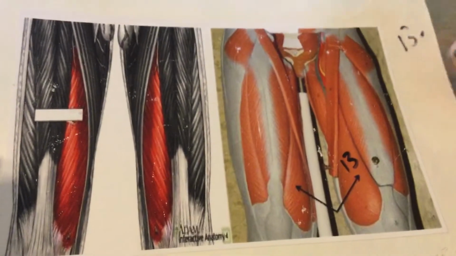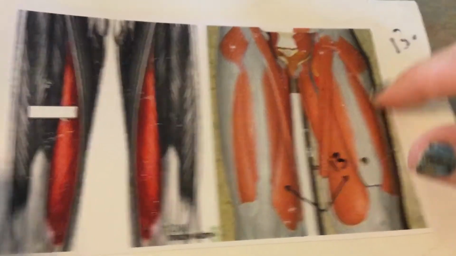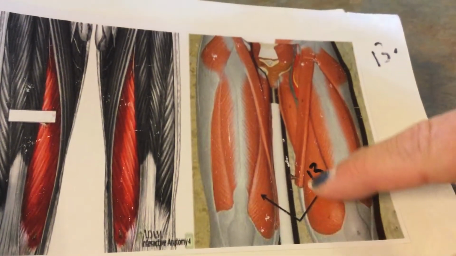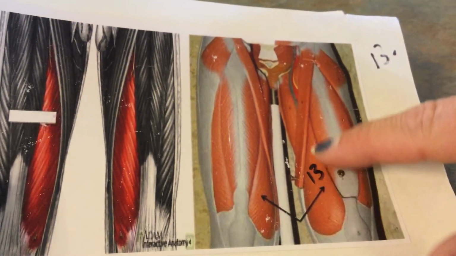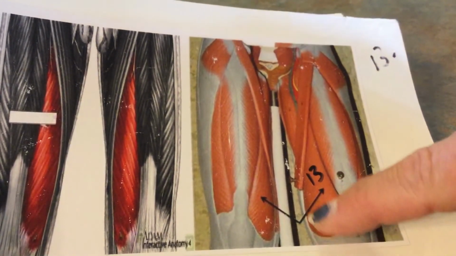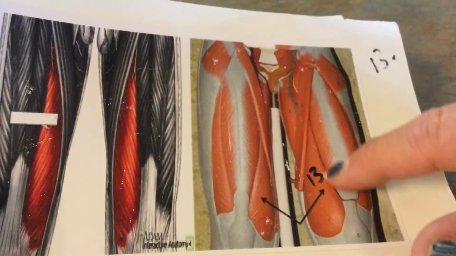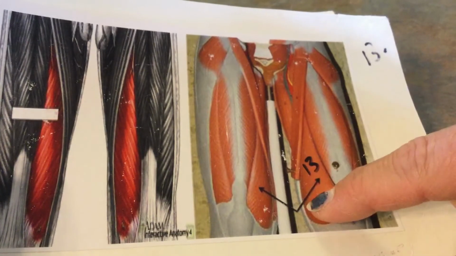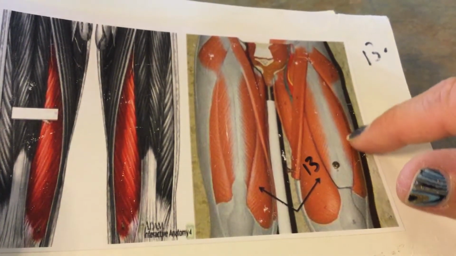All right, we're going to talk about some of the leg muscles that students get confused. So if you're looking here, on the front of your leg, you have a group of muscles. You have 4 muscles in this group, therefore they're called the quads, but the actual official name of that is quadriceps. So you have a muscle here in the middle, you have a muscle here on the inside, you have a muscle here on the outside.